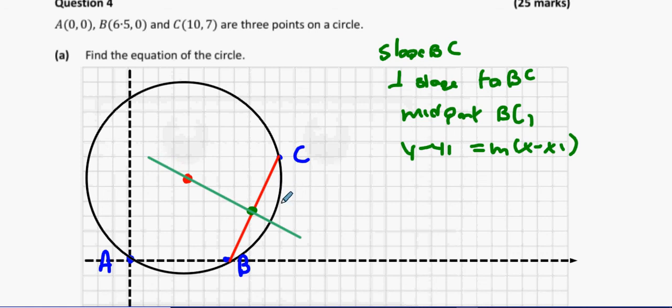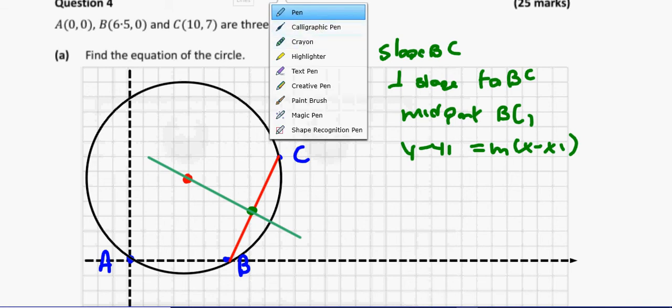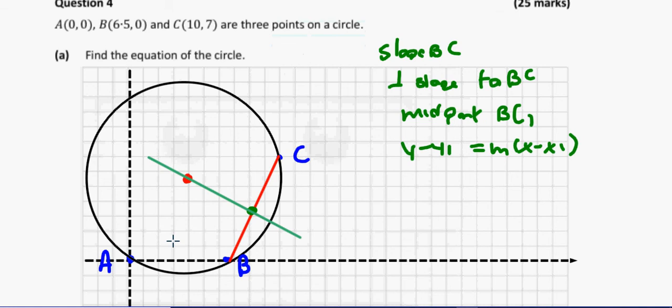You do the exact same procedure with, let's say, AC or AB. It doesn't matter. I might be inclined to do it with AC, because the weird thing about AB is that AB has a slope of 0, which means its perpendicular bisector is really easy. Half of 6.5 is 3.25. So you go across 3.25, and its perpendicular bisector just goes straight up.